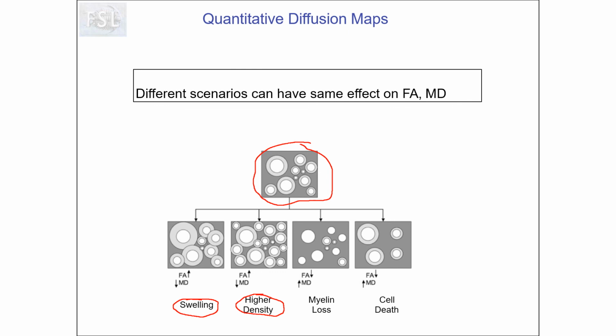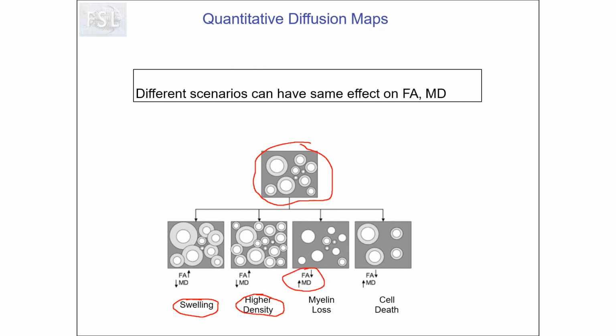Or there could be swelling. So again, we don't always know the etiology of what this means. You could have a decreased FA and increased mean diffusivity with loss of myelin. So all the cell bodies are there, the axons are there, you just lost the myelin. We'll see a change that could look like that.